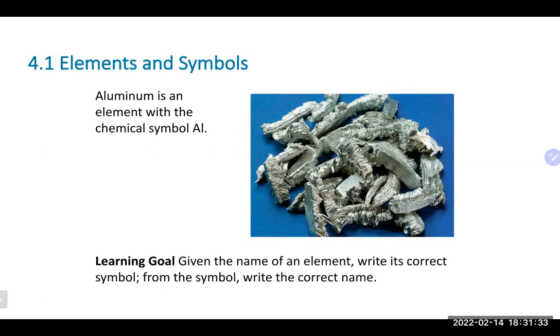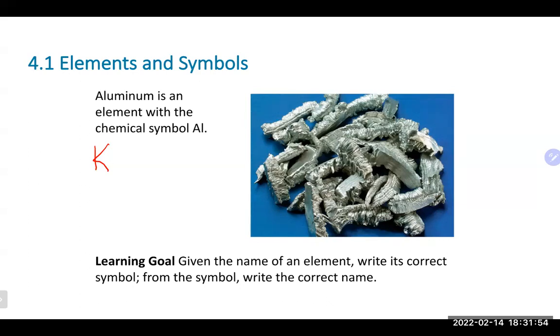When we look at the elements, they all have symbols, and they have 2 ways that they're illustrated. They're either illustrated with a 1-letter symbol, like for example, K, which is potassium. If it is a 1-letter symbol, then it is capitalized, so you want to always capitalize it.